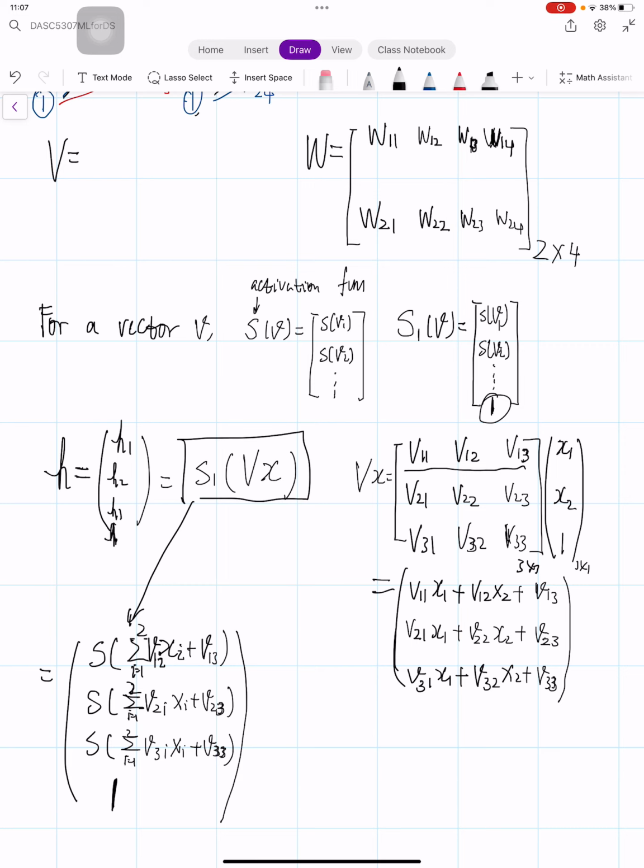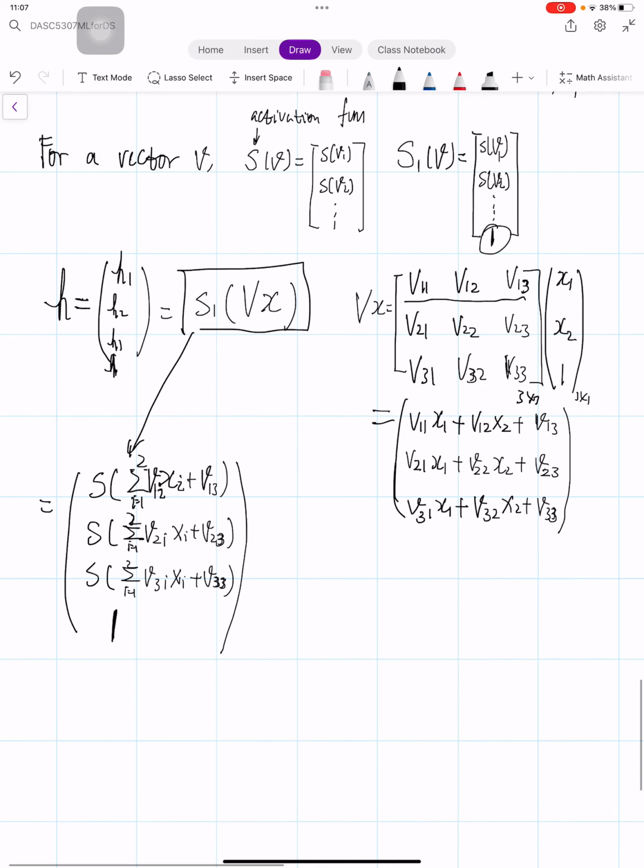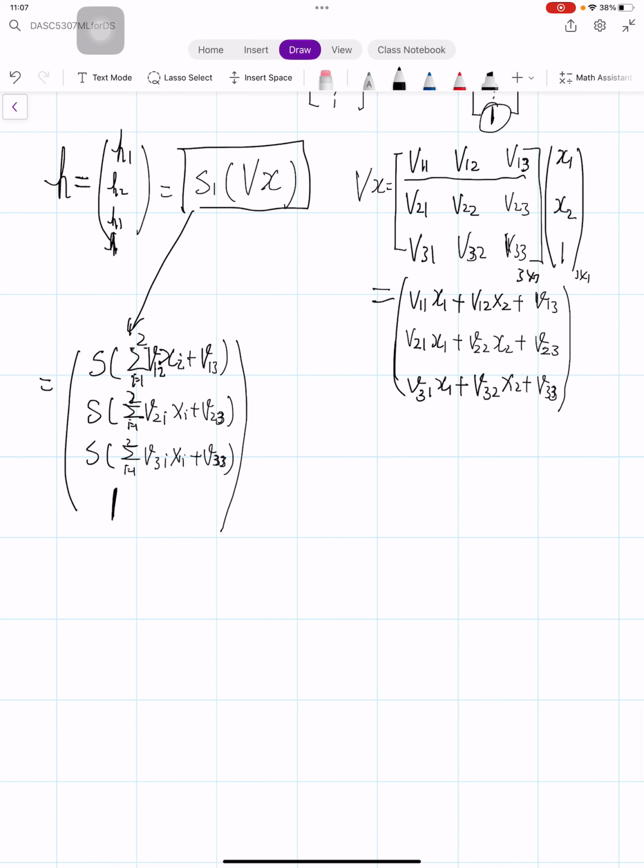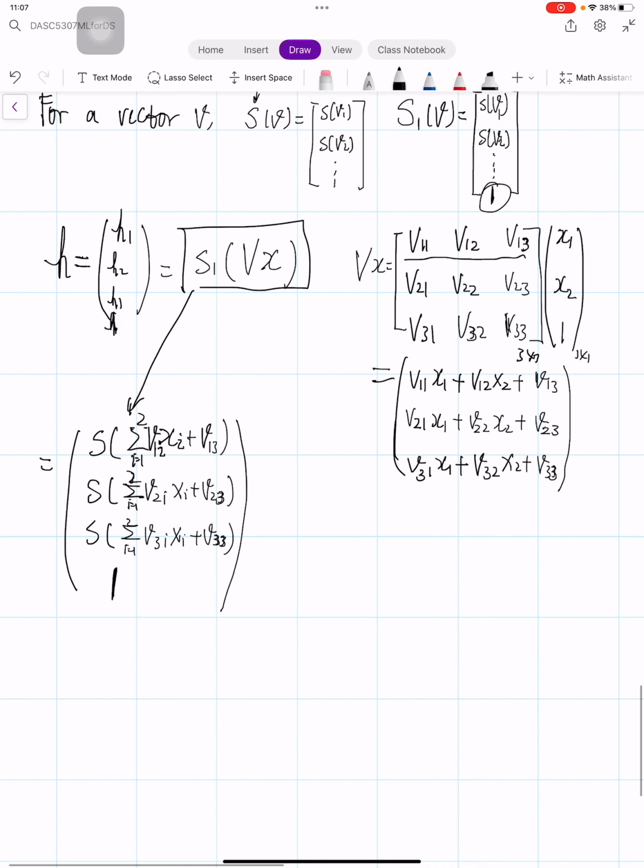We use the matrix notation to simplify. This is the first layer, and for the second layer we continue to get the output vector z, which equals the activation function applied to w times h. Recall w is a matrix with dimension: how many outputs do we have?